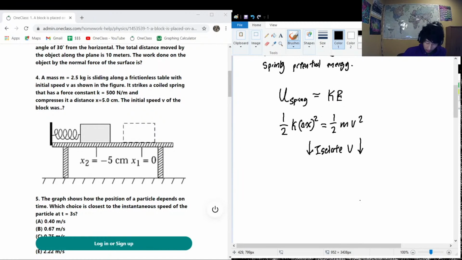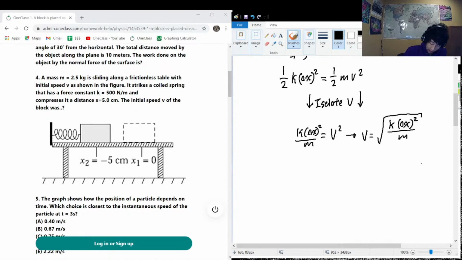So let's send everything to the left side: v squared is equal to k delta x squared over m, and put that all under the root. So v is equal to the root of k times delta x squared over m. Okay, now let's sub in our numbers.